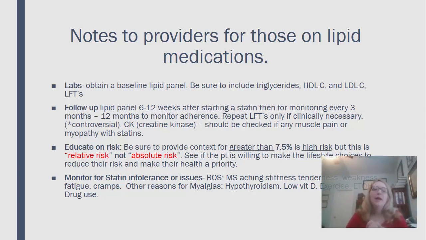When I talk to patients about their cardiovascular health and their health in general, I may come across, and I can see it on the patient's face, and then I have to backpedal. They may think this is absolute risk, and you don't want to take away their hope. You don't want them to think this is permanent and that they can't make some of these positive lifestyle choices to turn things around, because they can, and you can help them, provide them with the tools.